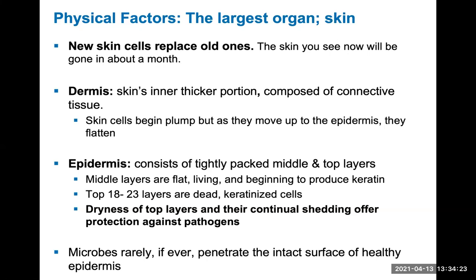And so the very top 18 to 23 layers of your skin are actually dead cells that are completely covered in the keratin. So we call them keratinized cells. And this is what helps keep your skin dry as well, as a barrier, right?